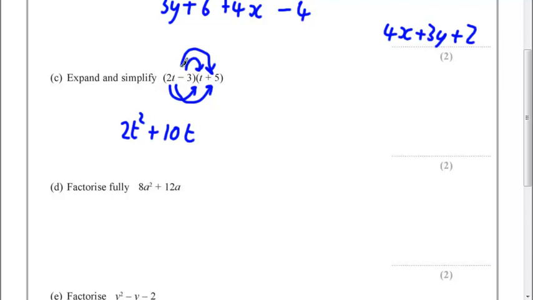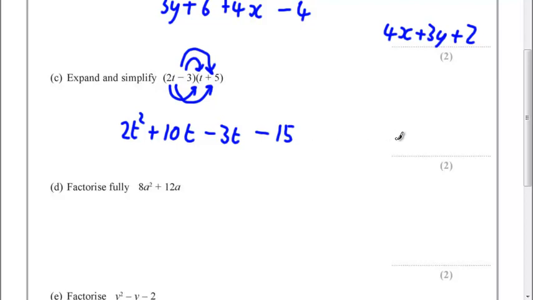And this one here, over the top now, minus 3 times t is going to be minus 3t. And then we've got minus 3 times plus 5, well, it's 15, and it's minus times a plus, so it's minus.